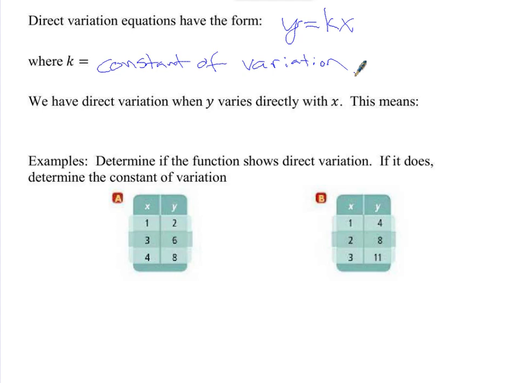Constant is spelled with a C. Notice that I spelled it with a C. So, maybe we're Russian today. We have direct variation when y varies directly with x. What that means when y varies directly with x is that they are proportional.